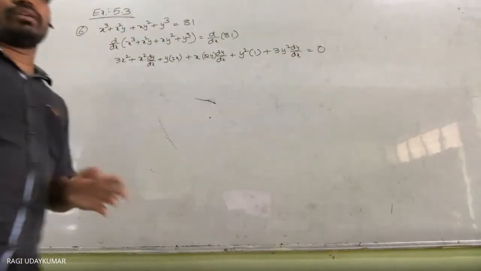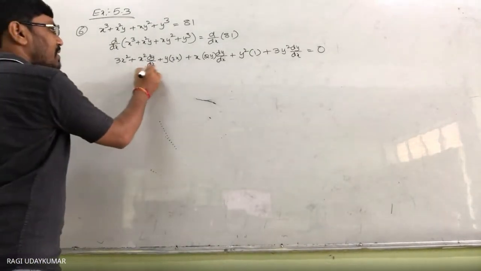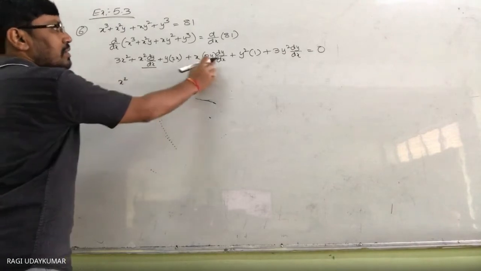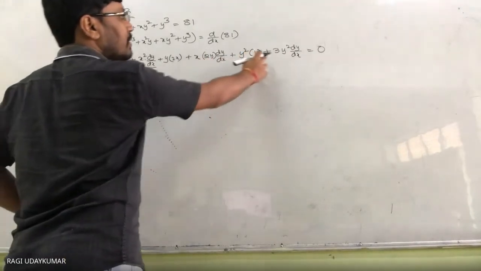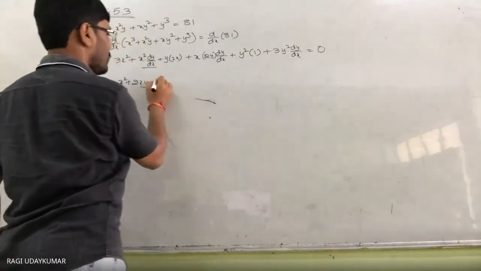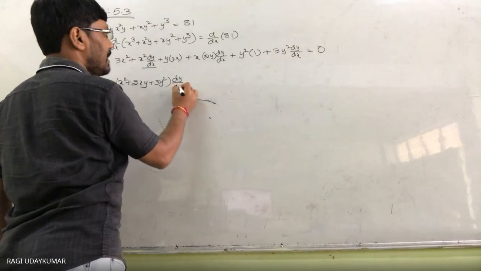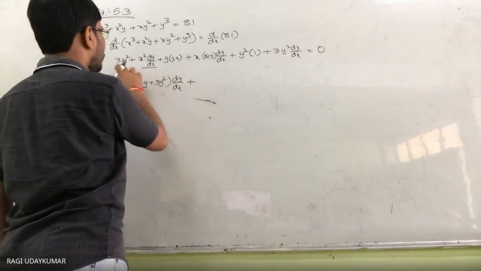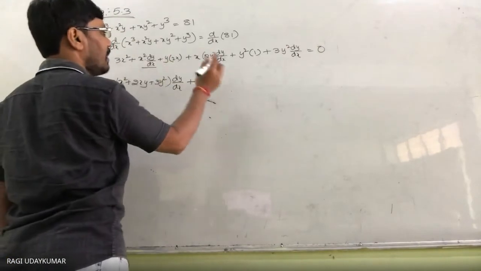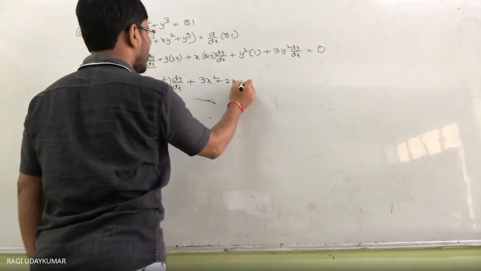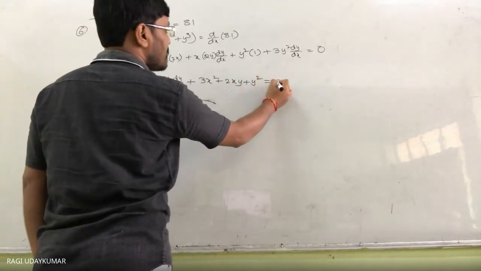So what are the terms we are having dy by dx? Write all here together. dy by dx into (x square plus 2xy plus 3y square) plus (3x square plus 2xy plus y square) is equal to 0.